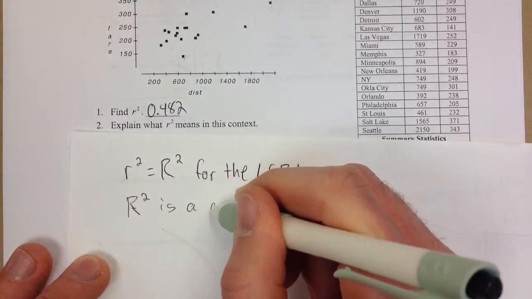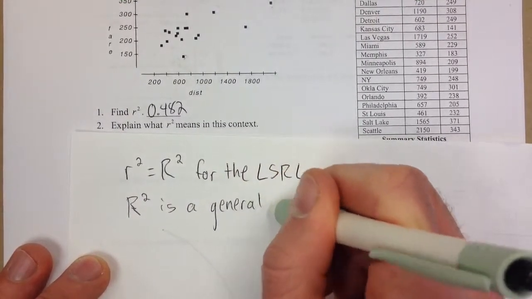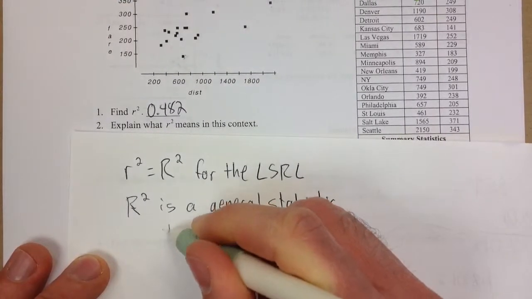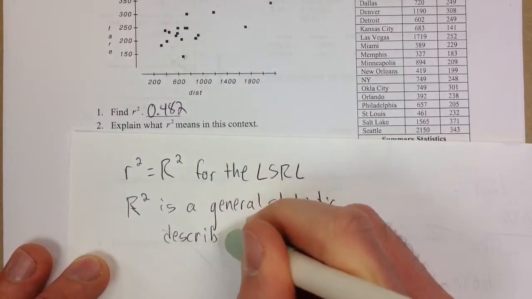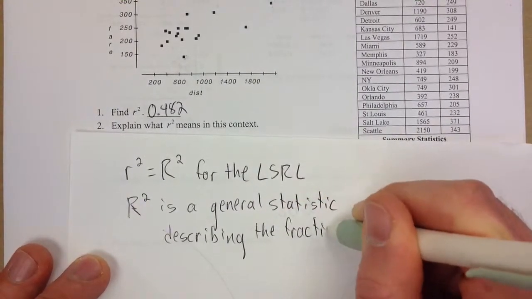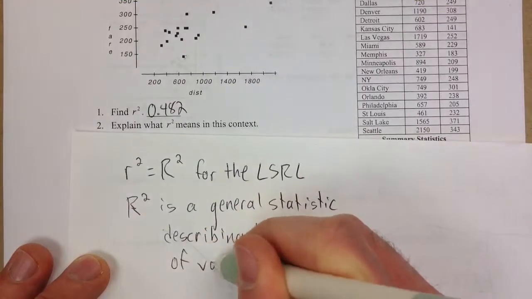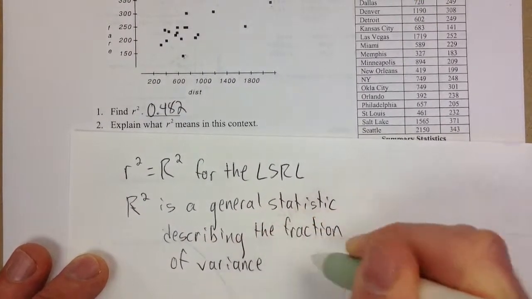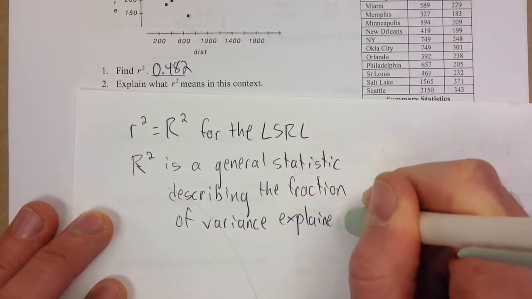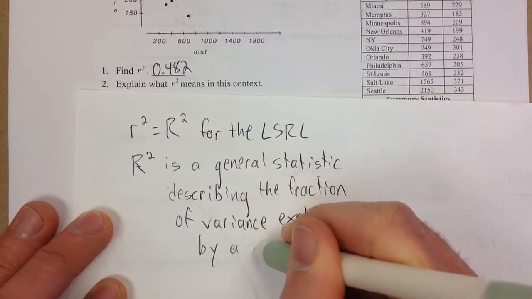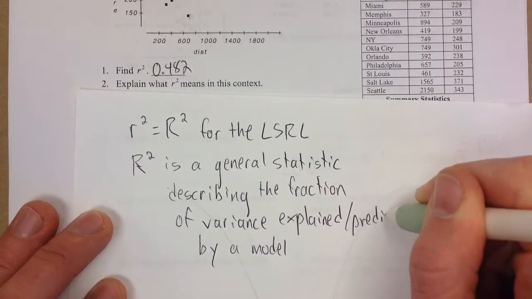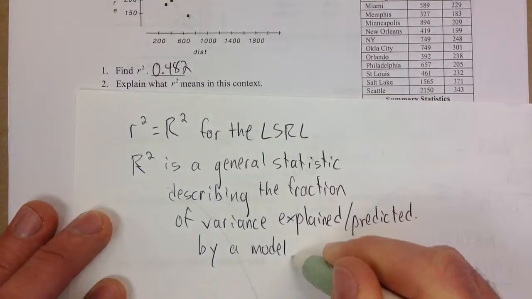R squared is a general statistic describing the fraction of variance explained by a model. Or predicted. Okay.